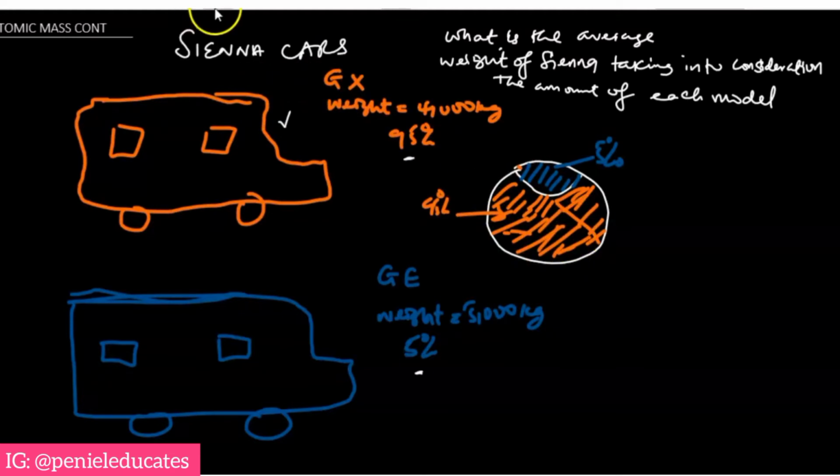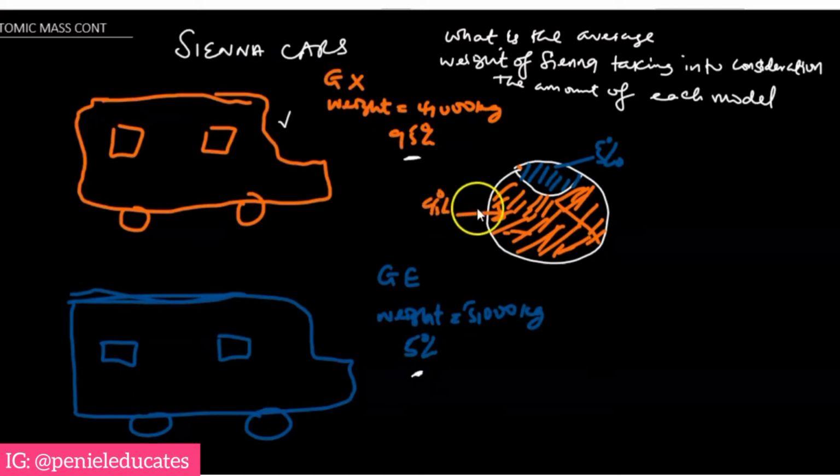Now, if we were to find the weighted average, which looks more like the atomic mass, the weighted average of the Sienna, taking into consideration the amount of each model. So we know that we have this at 95%, we have this one at 5%. Don't forget it's 4,000 kg.